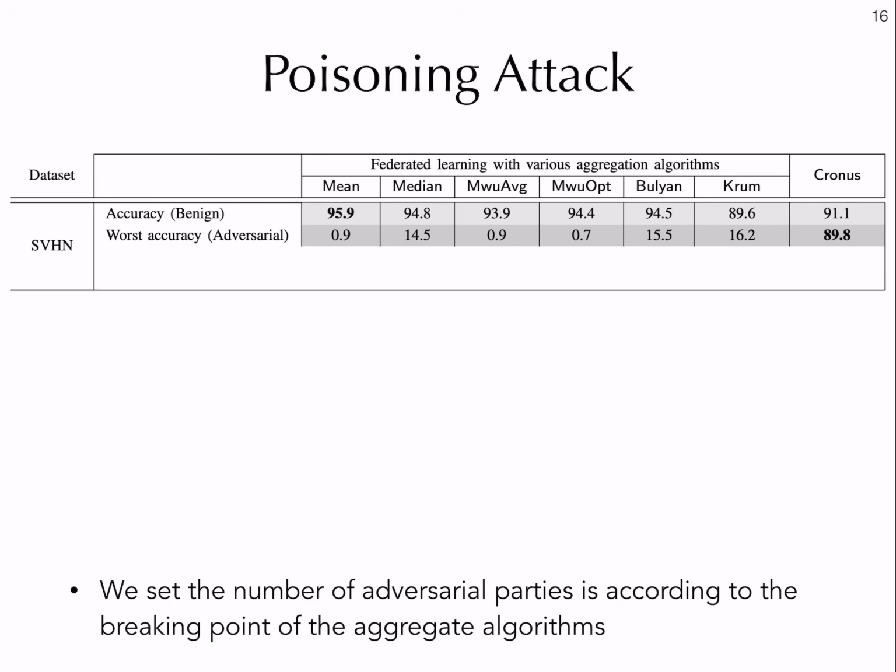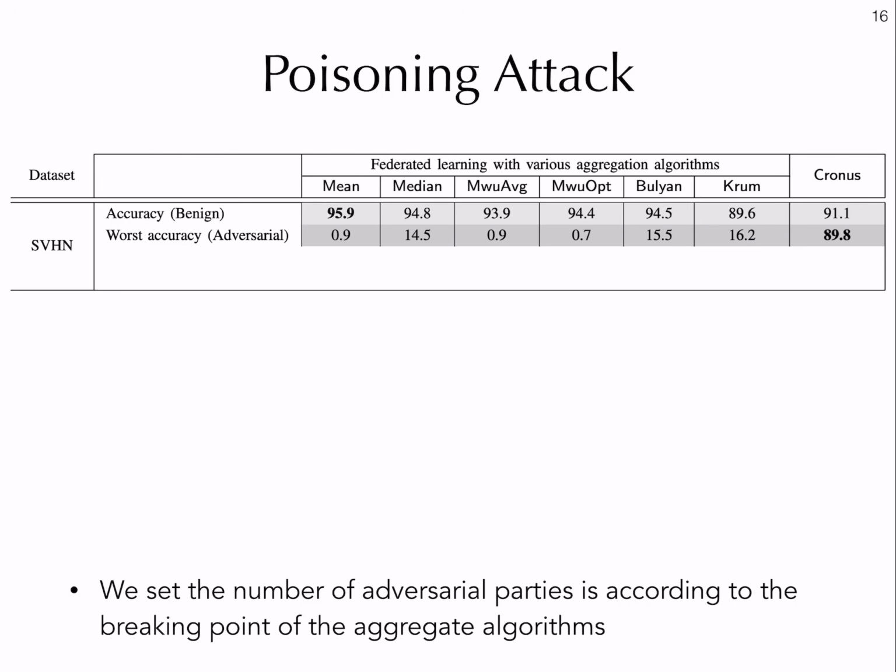Here, one detail that I want to mention is that the number of adversarial parties are not the same for all these different algorithms because they have different breaking points. So some of them, if you have more than half of the participants being adversarial, then they break. So we cannot have any robustness guarantee.